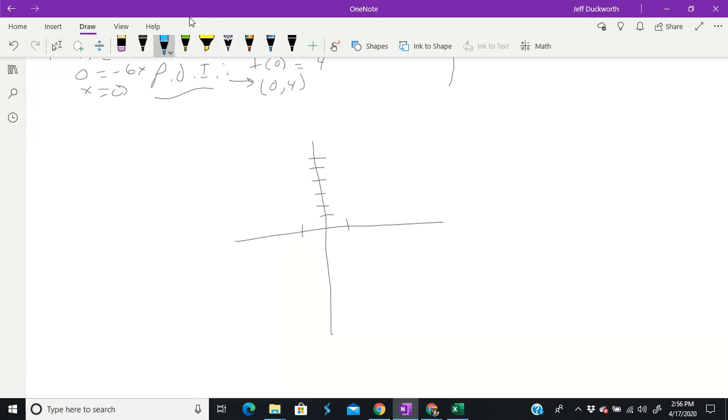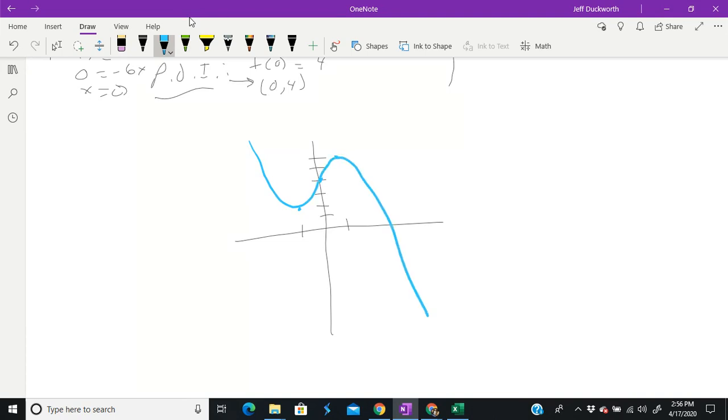We have a point of inflection here at 0, 4. We had a minimum at negative 1 and 2. We had a maximum at 1, 6, excuse me. And it's a cubic, so it's going to be doing something along these lines, coming down from there.